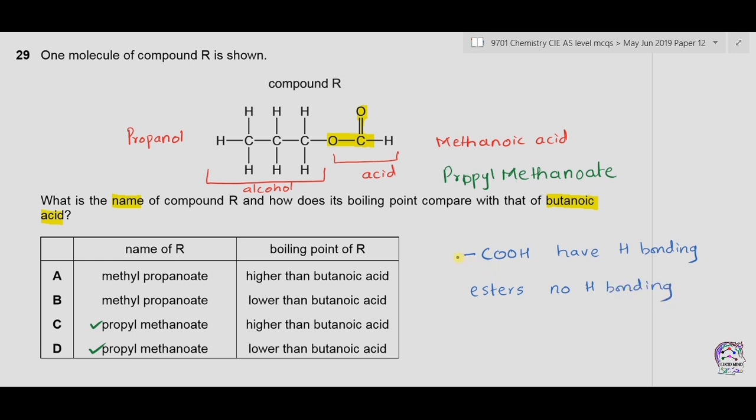Therefore, the boiling point of carboxylic acid is always higher than the corresponding ester. So this ester would have lower boiling point than butanoic acid. So therefore correct option is D.